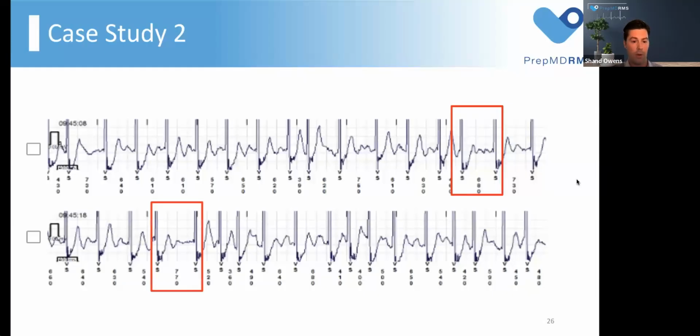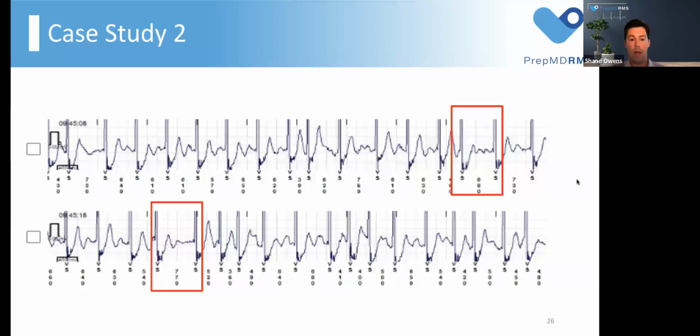And then if you look on the bottom strip, in between those R waves, there's not much going on. There could be some low amplitude sawtooth waves happening, but there's no discernible P wave. So it's a good idea once you gain this up to look at areas where the R to R interval extends. When you see a little bit of an extension of the R to R, you can see what's going on in between the T wave and the next R wave.